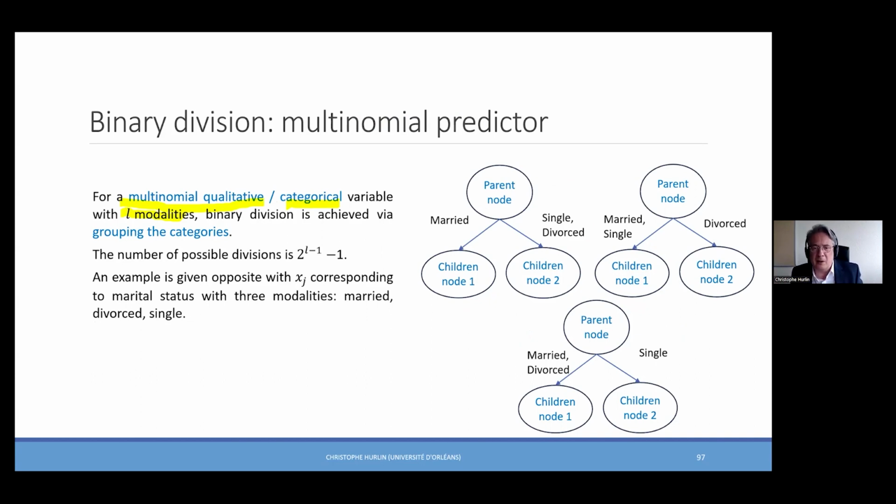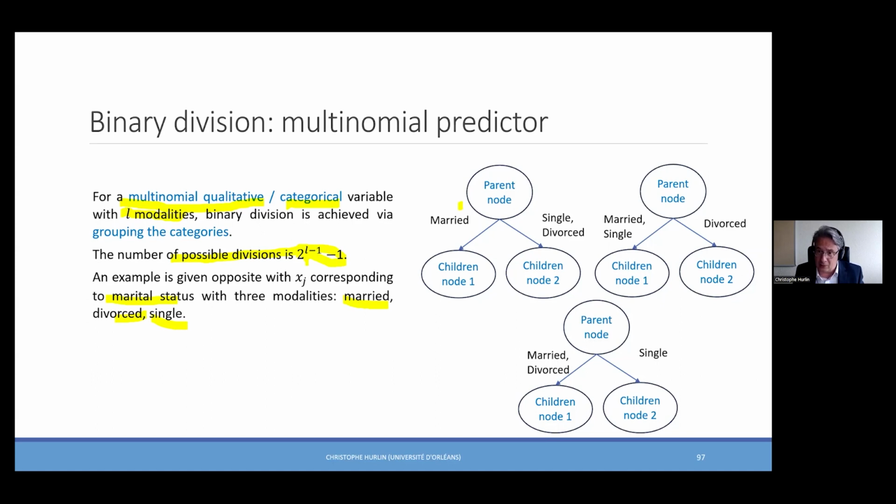Mathematically, we have 2 to the power n minus 1, minus 1 possible divisions. Let me illustrate with a variable x, marital status, for which we have 3 modalities: married, divorced, single. In this case, I have 3 potential binary divisions.